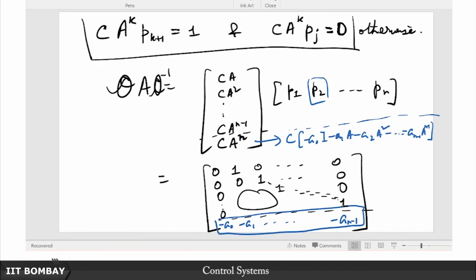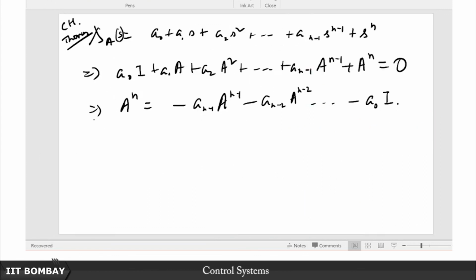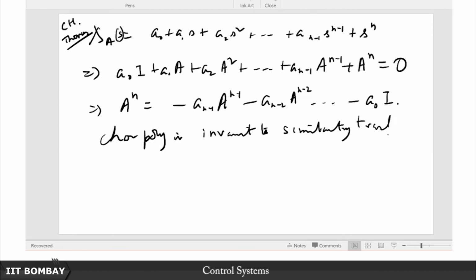These are nothing but the coefficients of the characteristic polynomial, and we have seen that the characteristic polynomial is invariant to similarity transformations.